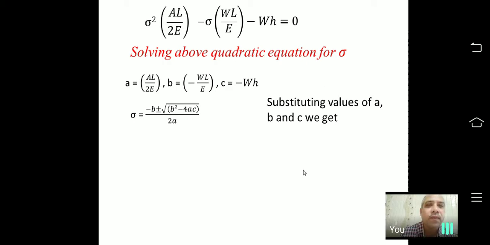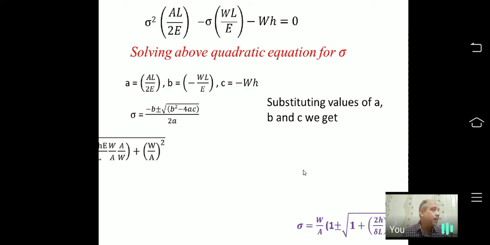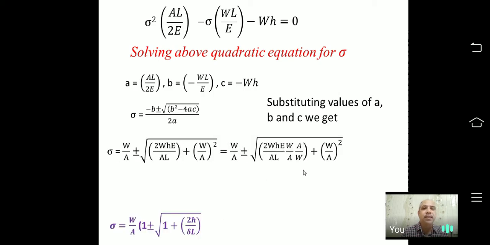Now a we know is AL upon 2E, b is minus WL upon E, and c is minus WH.